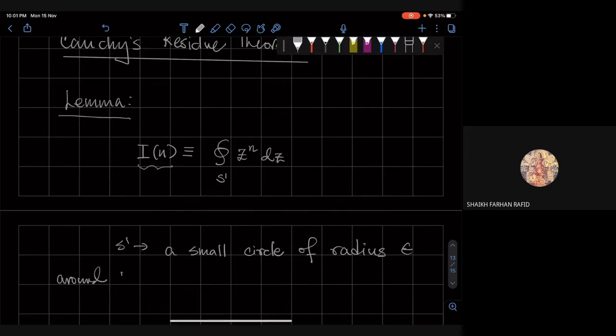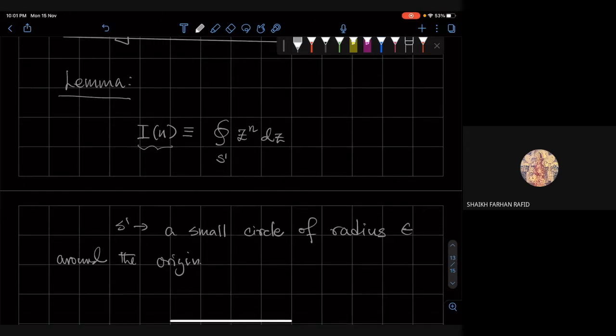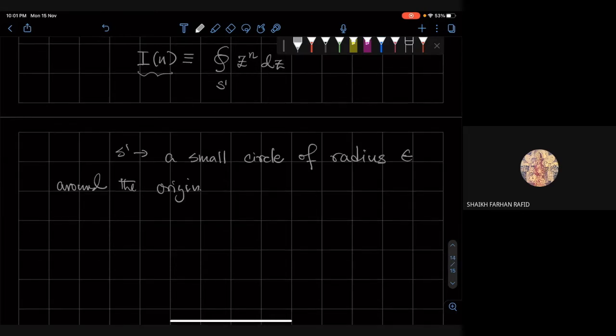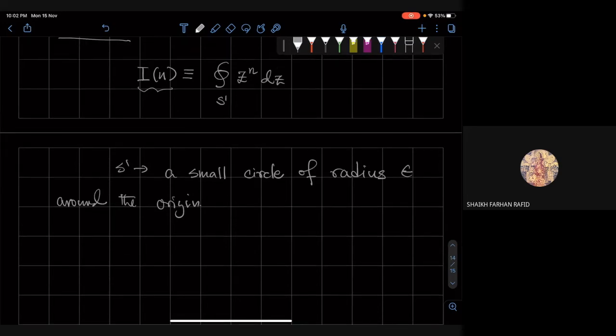Around, say, the origin. If it's not on the origin, we can always do a coordinate transformation to bring it to the origin. Okay. So now we see how to do a contour integral in action.